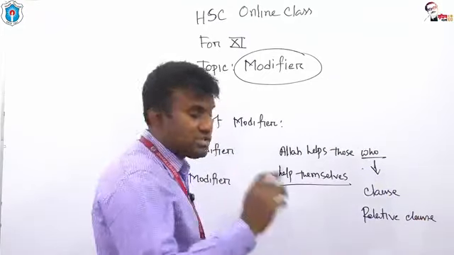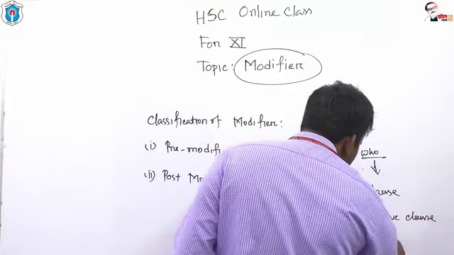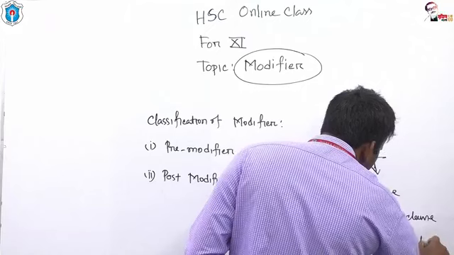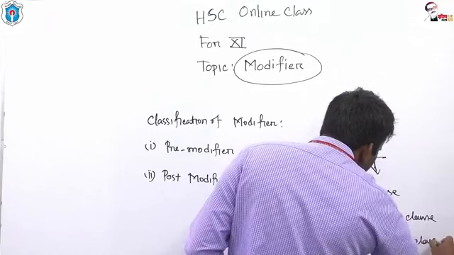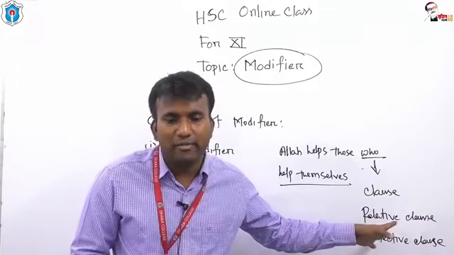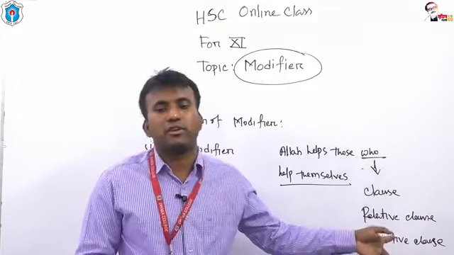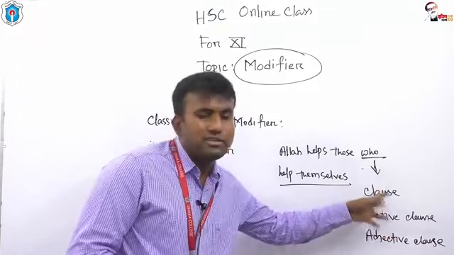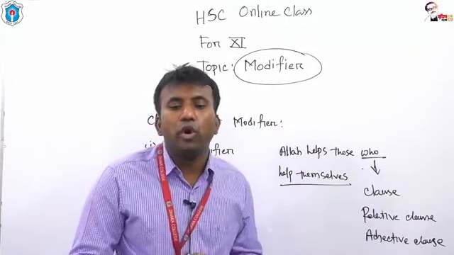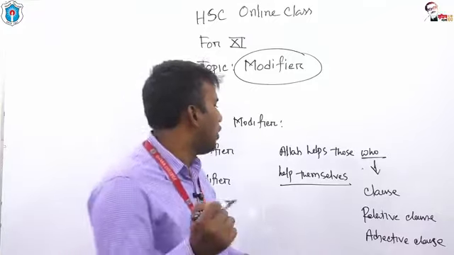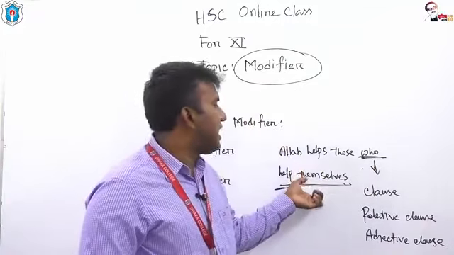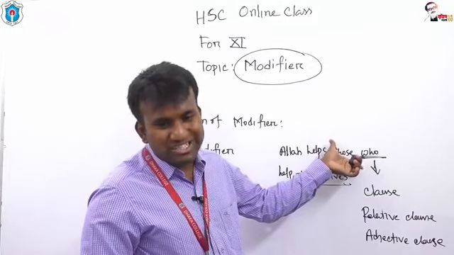You can say this is a clause, you can say this is a relative clause, you can say this is an adjective clause. And this clause, relative clause or adjective clause is working as a post-modifier because who help themselves modifies the pronoun those.